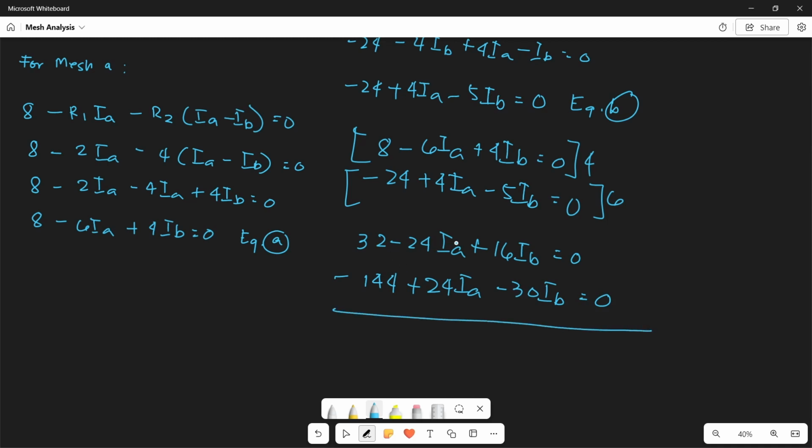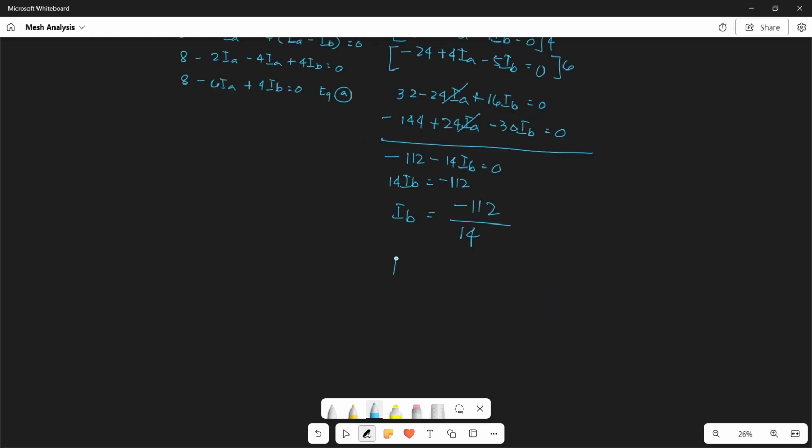So we can eliminate this. So this will become negative 112 minus 14 IB equals 0. So transposing IB to the other side, 14 IB equals negative 112. So therefore IB will be negative 8 amperes. So negative 8 meaning the actual direction is the opposite.